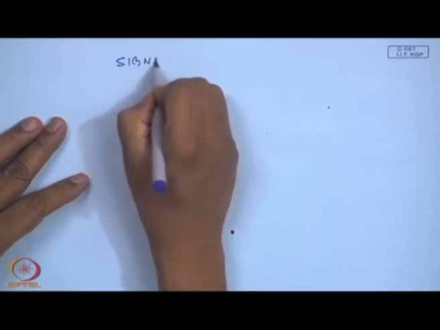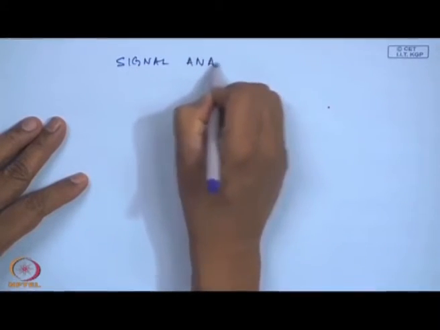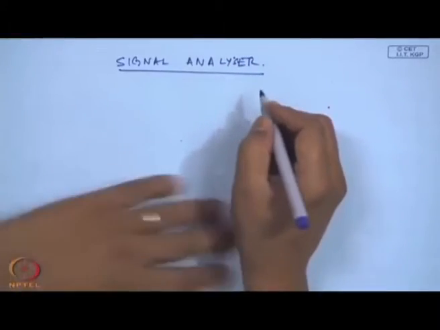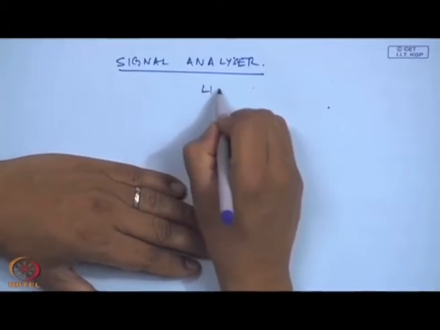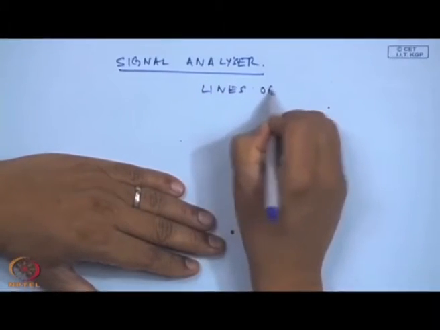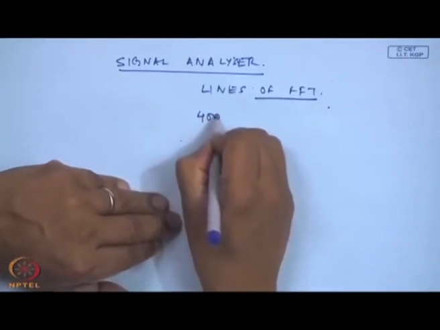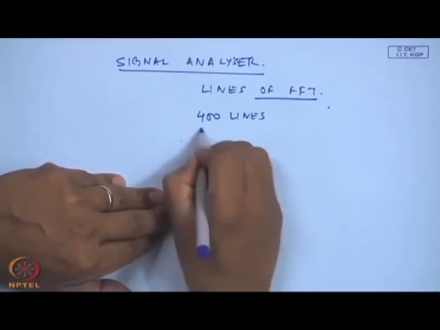So, this is how you can decide on the RAM requirement. And you would have known in FFT analysis, if we buy a signal analyzer, they are sometimes specified by the lines of FFT. So, you say 400 lines, 800 lines.